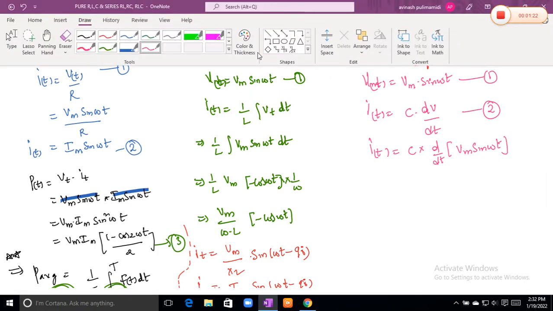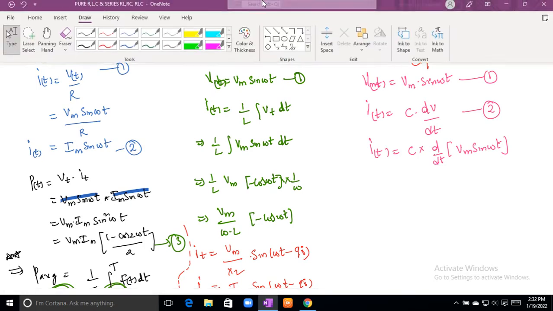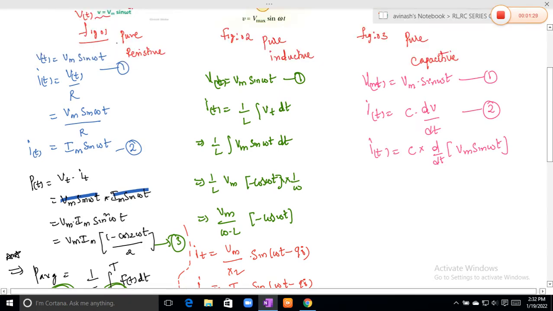If you simplify this, what do we get? I of t is equal to, Vm is a constant, and we are differentiating with respect to t, so we get omega here. C into Vm into omega into the differentiation of sine, which is cos omega t.